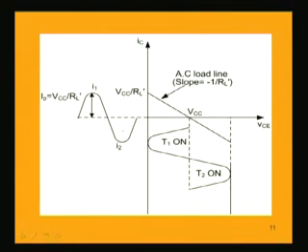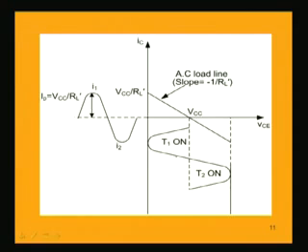In the other half, when T2 is conducting, the current I2 is the other sinusoidal current. So the load line extends to this point, and coming down to here, we have T2 on while the T1 voltage is reducing. This is the combination of the two transistors' load lines.